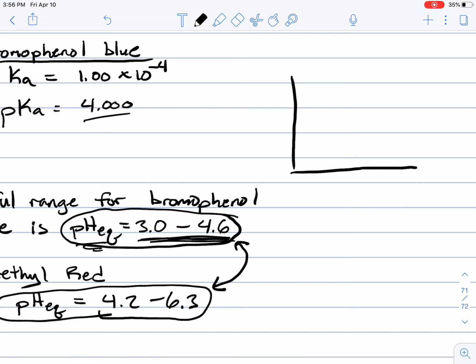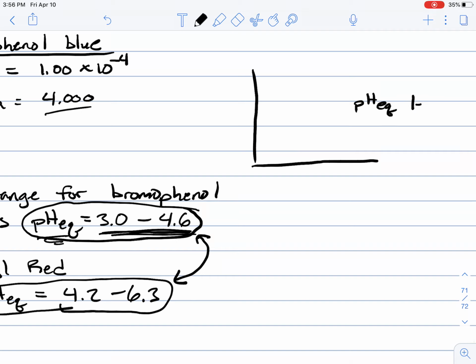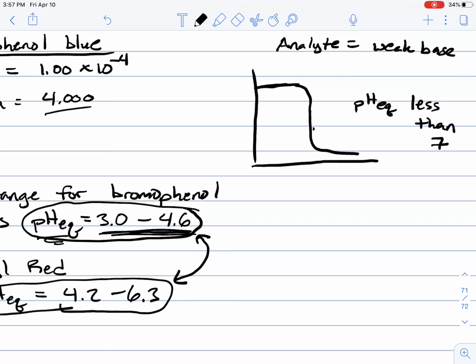Okay. And so if you recall from our titration curve, if you have an equivalence point pH that's less than 7, then the analyte was a weak base to begin with. Okay. And so that was when you had an initial pH that's less than 13, and its equivalence point, let's just say that 7 is here.